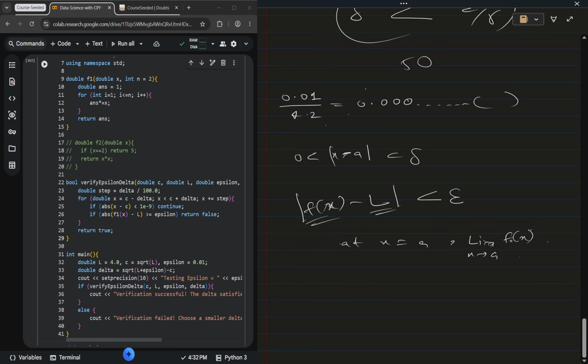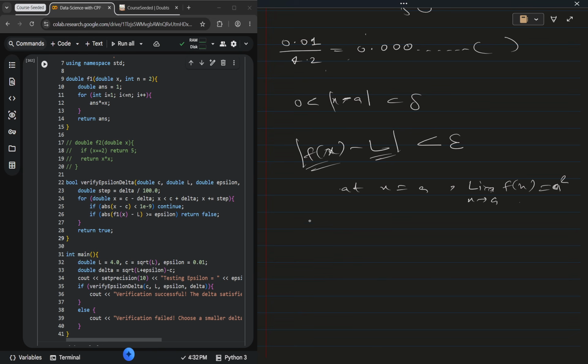So the limit was x square, which becomes a square over here. Then you have 0 less than |x minus a| less than delta, then |f(x) minus L| less than epsilon.